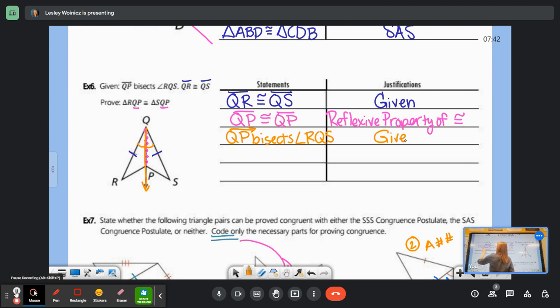Given. I can say that angle RQP is congruent to angle SQP because of the definition of an angle bisector.